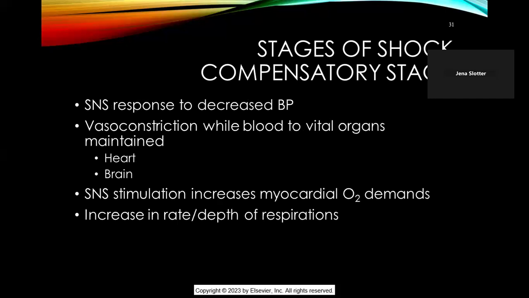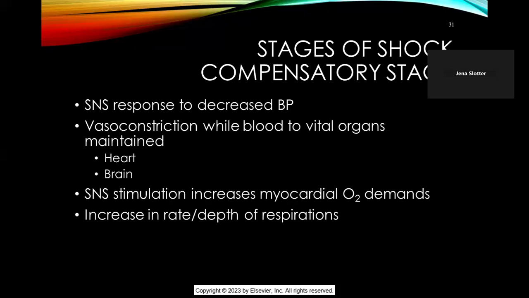You're going to see vasoconstriction so that we can keep blood to the vital organs. The heart and the brain are obviously going to be the focuses. You're going to see an increased rate and depth of respirations.